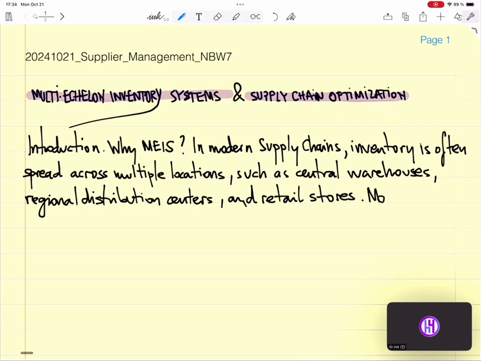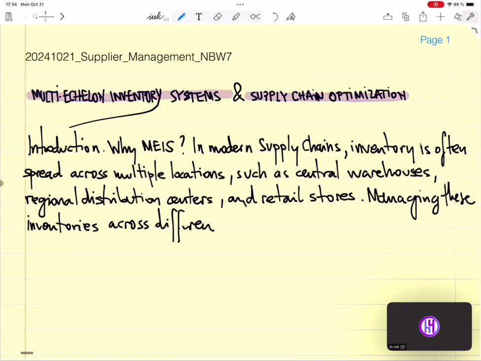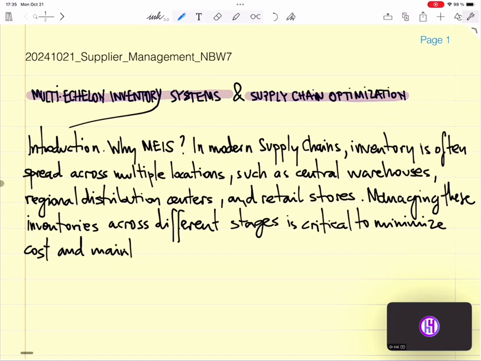Managing these inventories across different stages is critical to minimize cost and maintain high service levels.